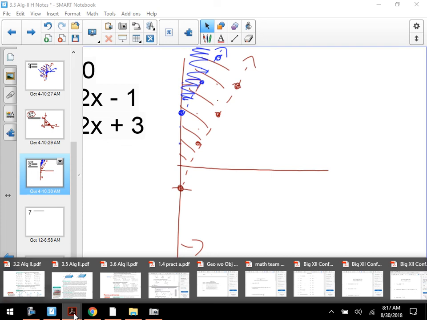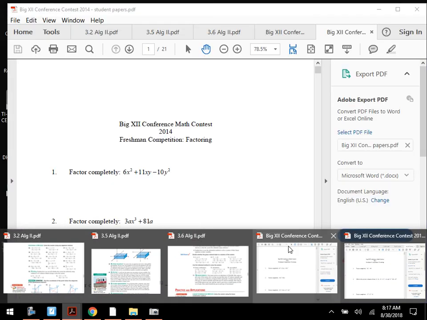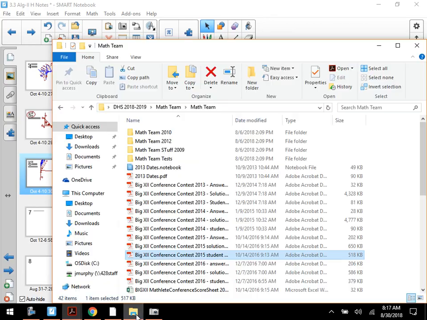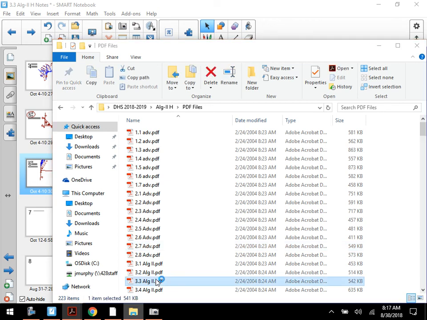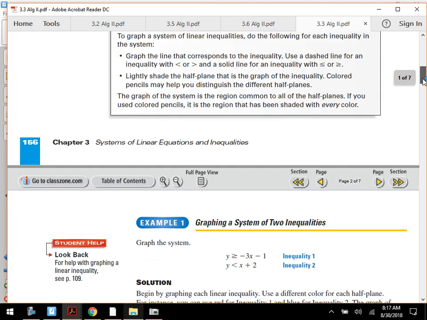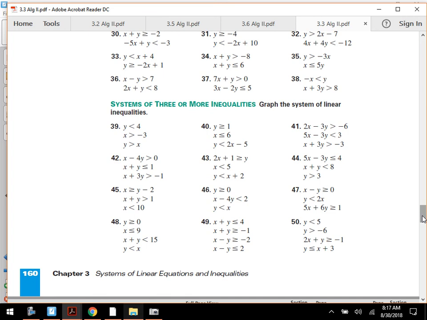What section is this? 3? So let's do 36 and 37.